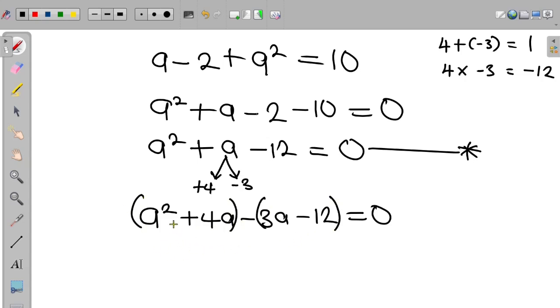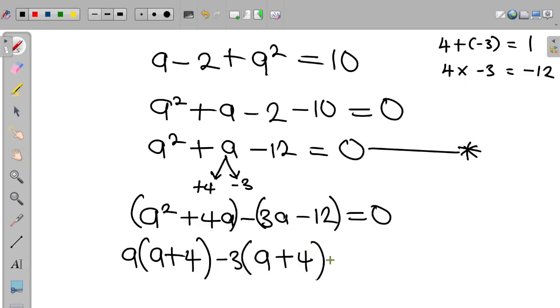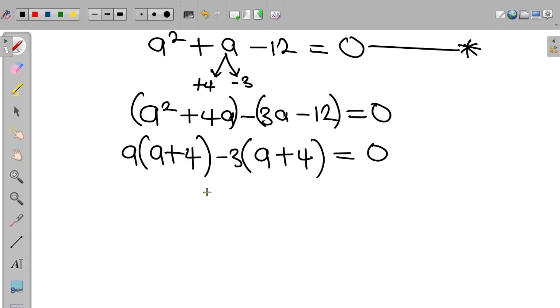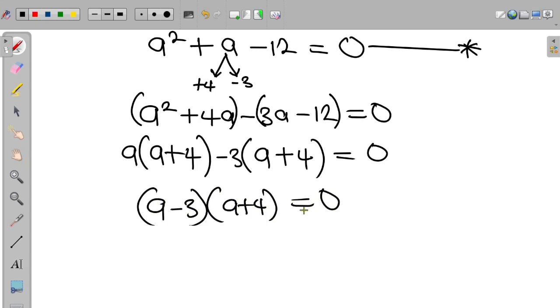At this point, a is common, so we factor out a. We have a, open bracket, a plus 4. And also 3 is common, so we have negative 3, open bracket, a plus 4 equal to 0. So the expression at the left-hand side becomes a minus 3 multiplied by a plus 4 equal to 0.